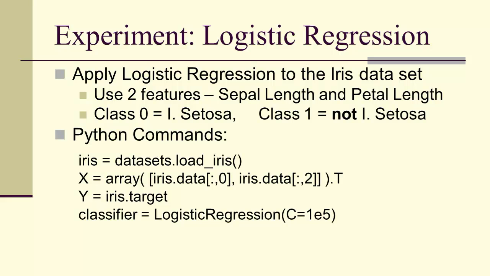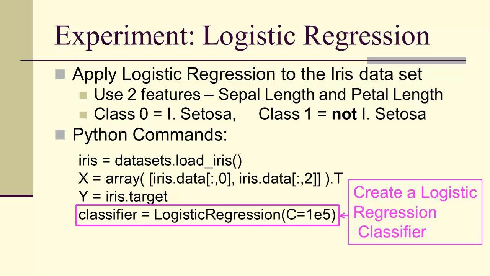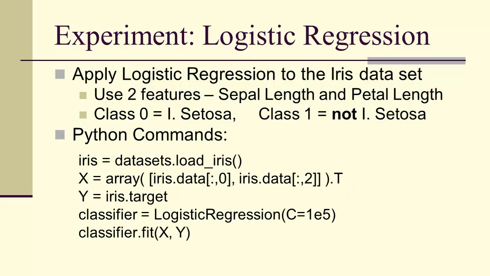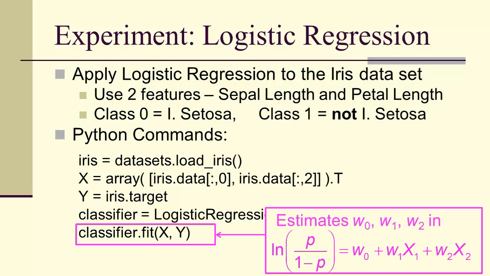The classifier is going to be a logistic regression classifier. That's what this command does. We're going to do a fit, x comma y, and that means the classifier is going to learn or fit to this xy data training set that we give it. We're actually going to give it all the data for right now. And it will then estimate these coefficients W0, W1, and W2 in this logistic regression.